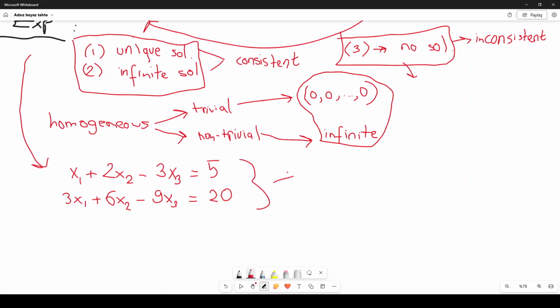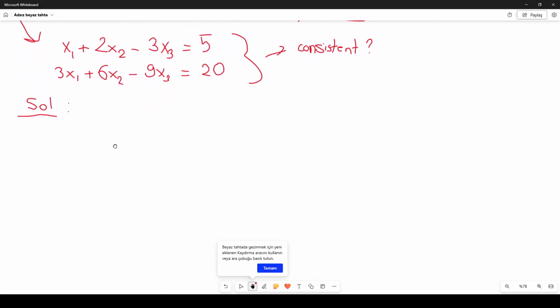The question is, is this system consistent? We need to show that it is consistent or not. It doesn't matter which technique we use; the thing that we need to show is clear.